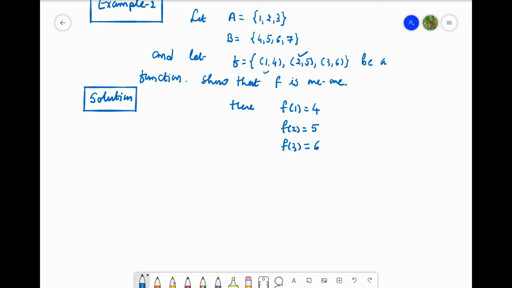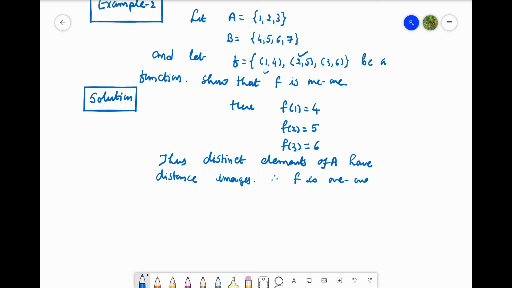You can observe that distinct elements of A have distinct images, and therefore f is one-one.